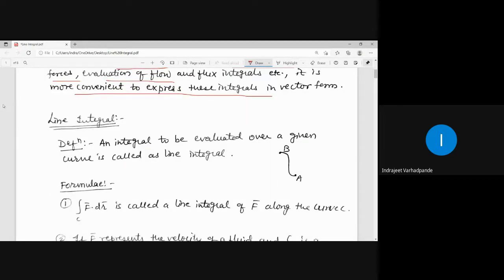What do we mean by the line integral? An integral to be evaluated over a given curve is called a line integral.